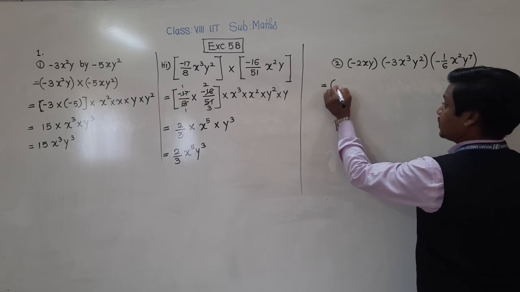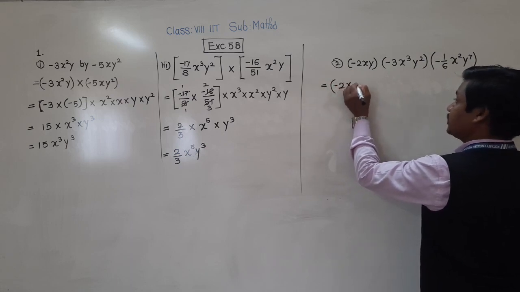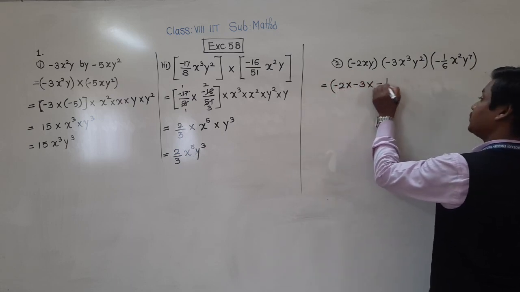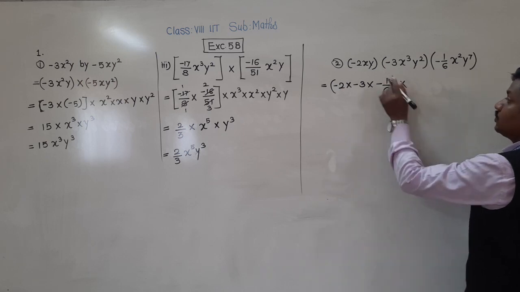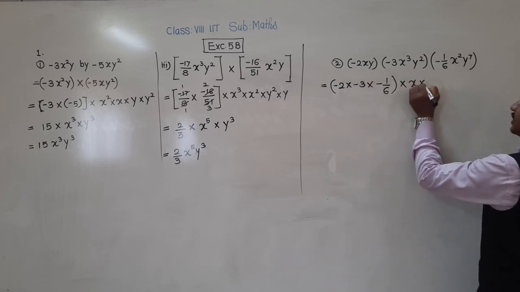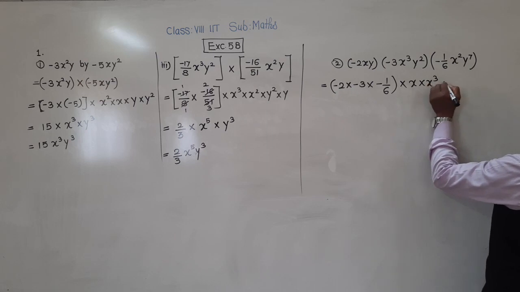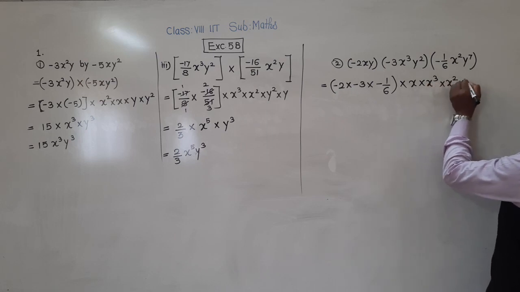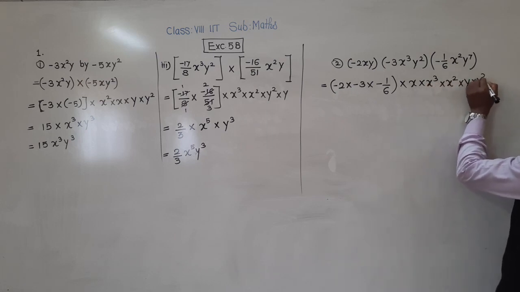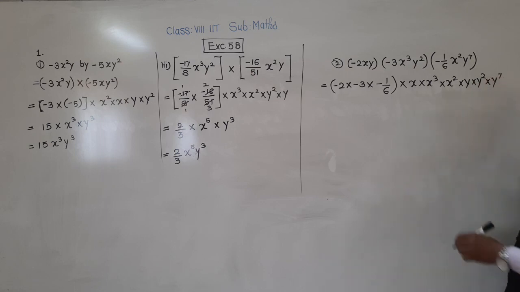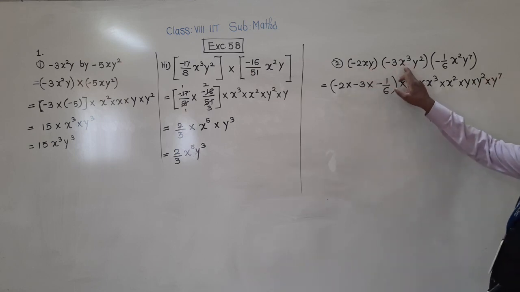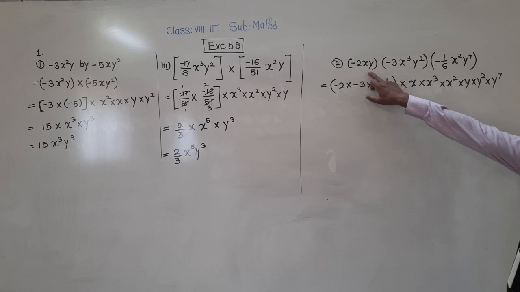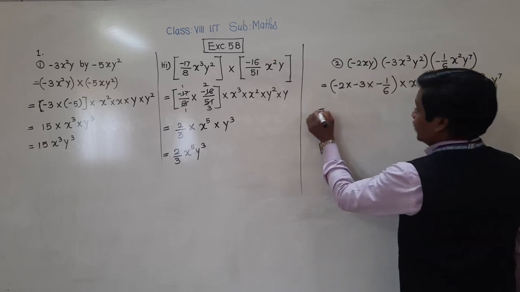First take the numerical coefficient minus 1 by 6, then take variable x into x cube into x square, then y into y square into y raised to the power 7.